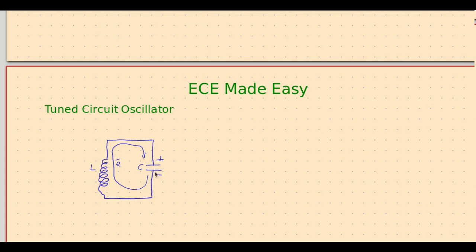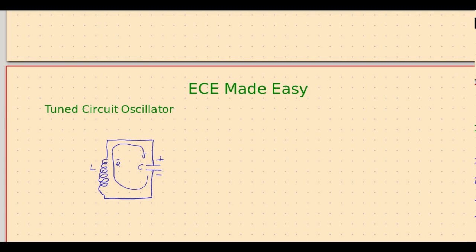That means both the plates are now electrically neutral, but by this time the inductor has stored its energy in the form of magnetic field, and it will not allow this flow of electrons to stop, and as long as there is a stored energy here, it will make the electrons continue to move from this plate to this plate.